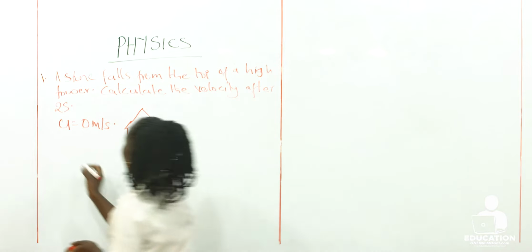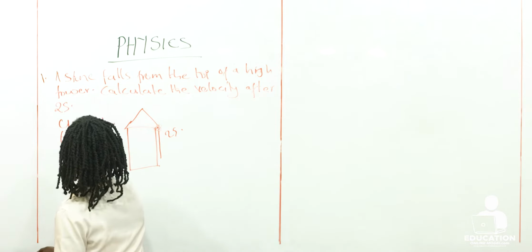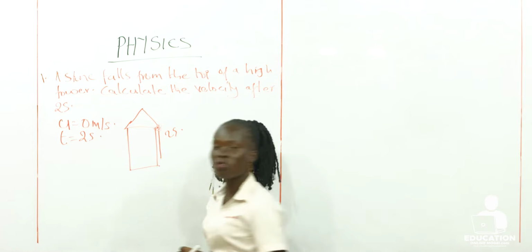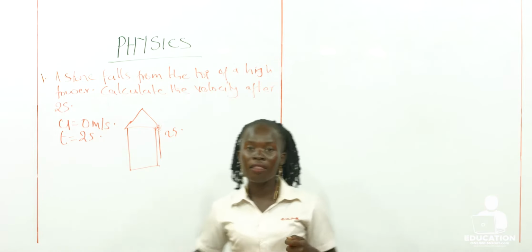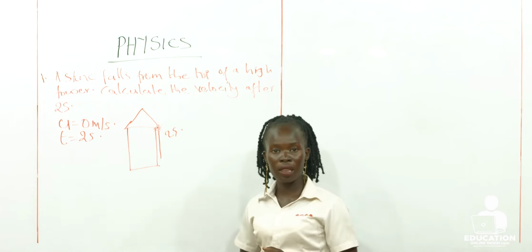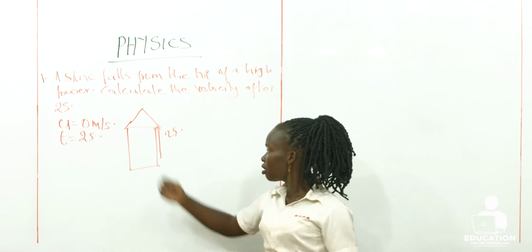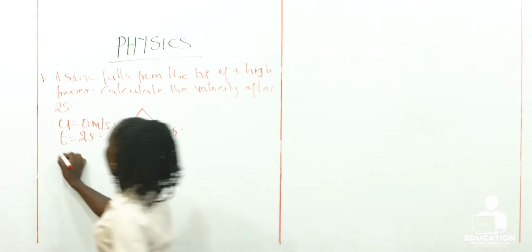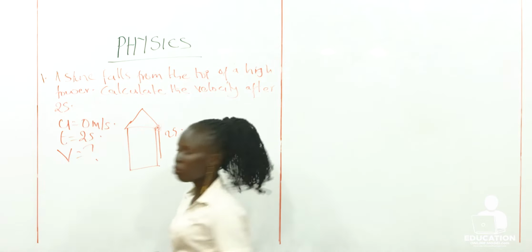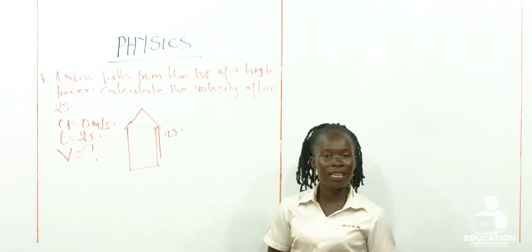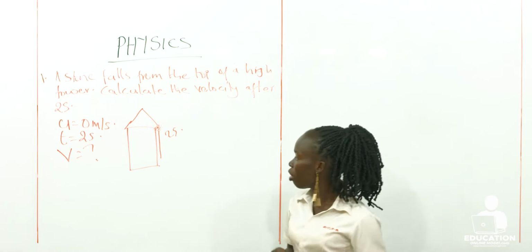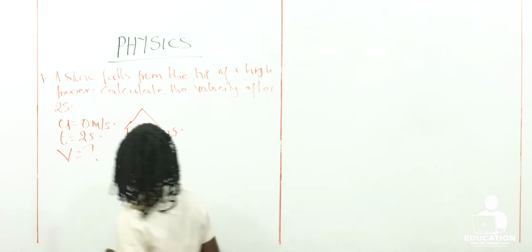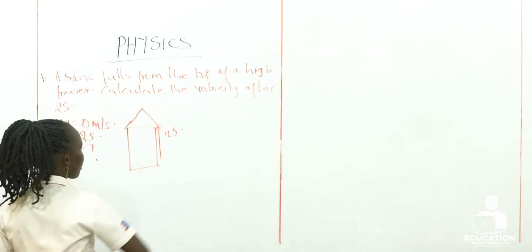So what if the stone moved for 2 seconds? What velocity was the stone moving with? So it is the v we want to know, which is the final velocity attained by this body after leaving the top of the tower.